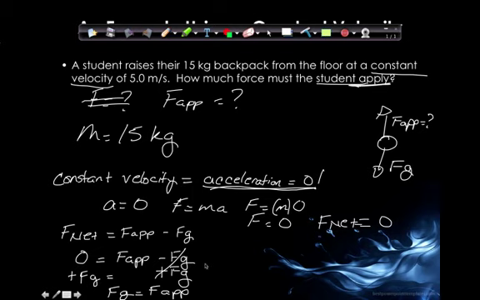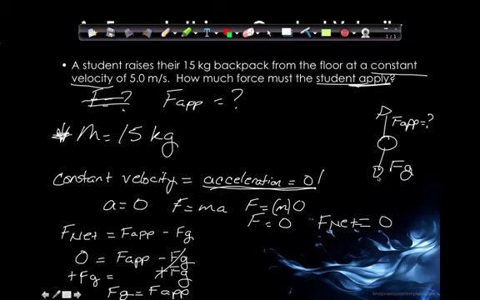So to simplify it, if you have an object moving at a constant velocity, if you have two opposing forces, they will be equal to each other. So instead of subtracting, you are going to actually just set them equal to each other. All right, so we know the mass is 15 kilograms.